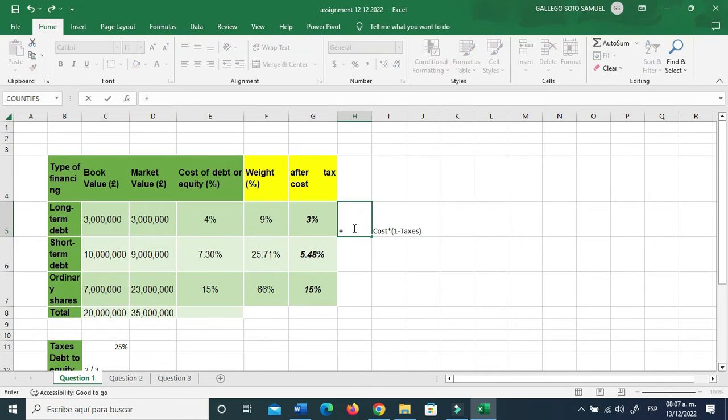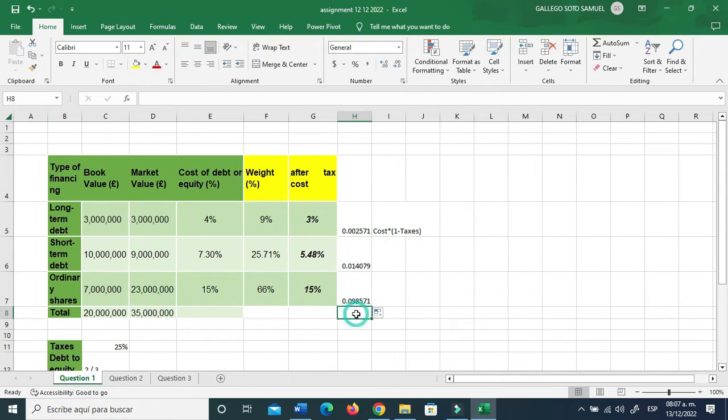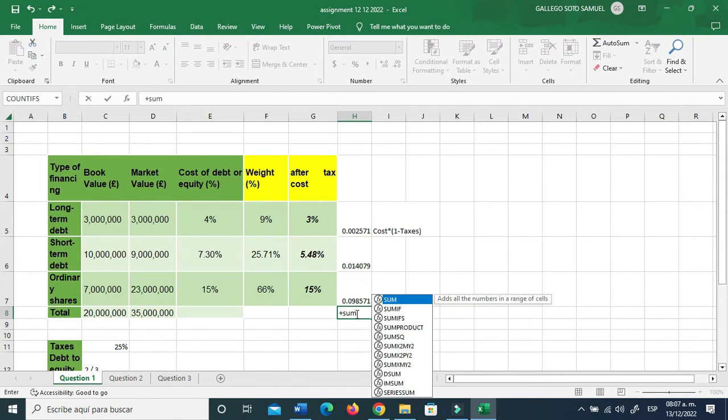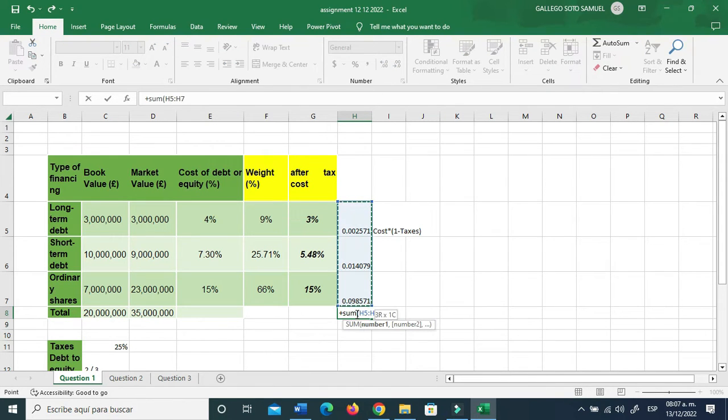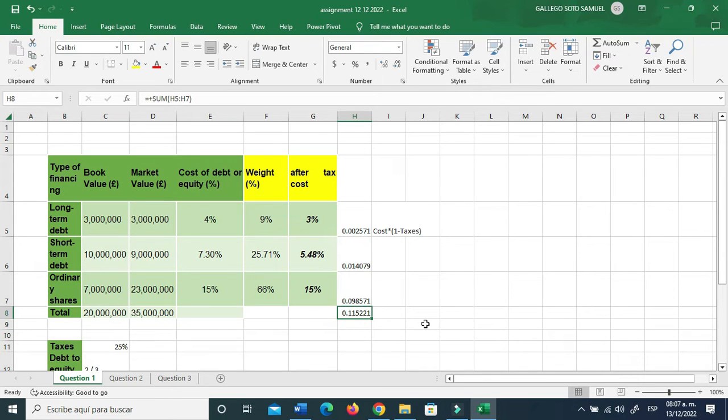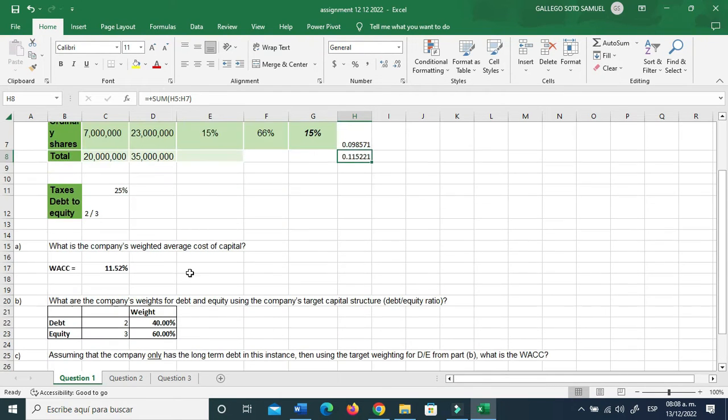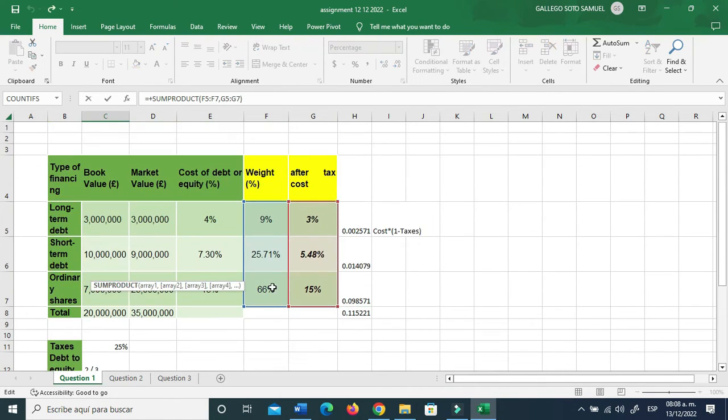So all you have to do here is multiply the weight times the after-tax cost of debt. Then you add this all the way to the end here, and you get 11.52, which is the same.